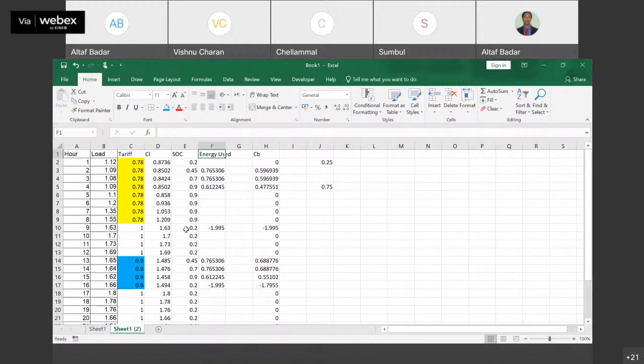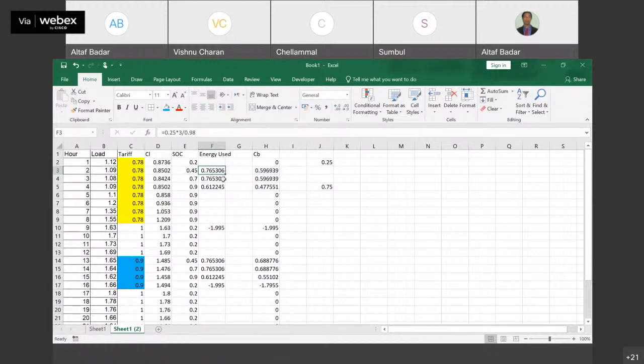Now, what is the energy used? So if you just see here, this is my formula. So what I've done is I've taken 0.25, that is the change in SOC, multiplied by 3, that is the capacity of the battery, and I divided by the charging efficiency, that is 0.98.